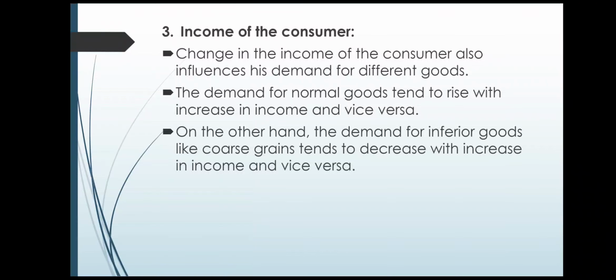Due to the increase in income, there will be a fall in demand for inferior goods, and whenever there is a fall in income, there will be an increase in demand for inferior goods. So inferior goods are all those low quality goods that an individual is forced to use.